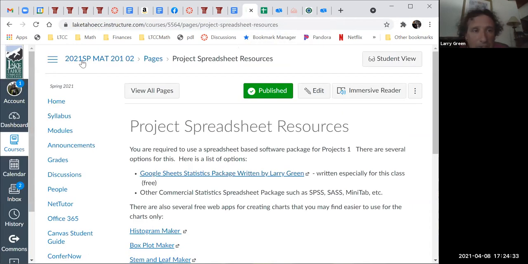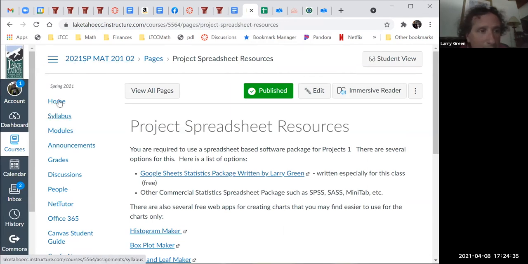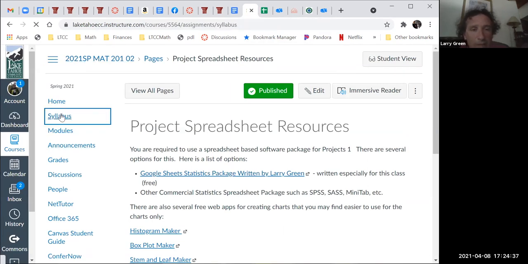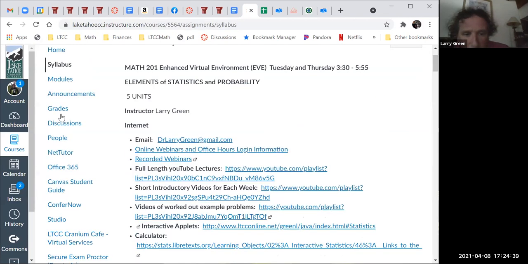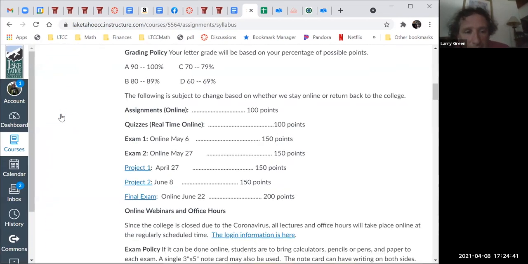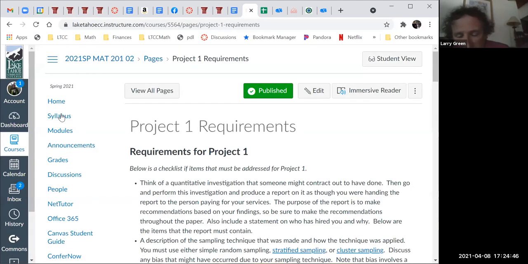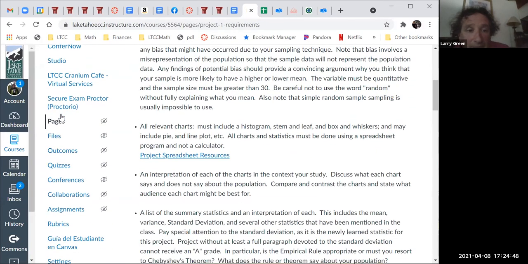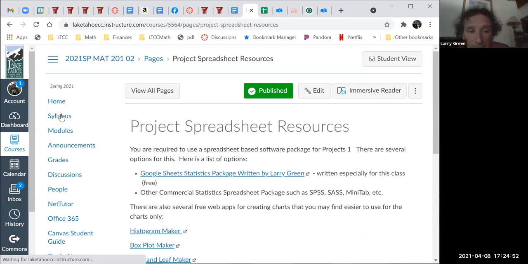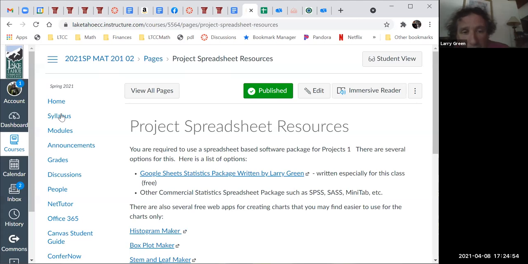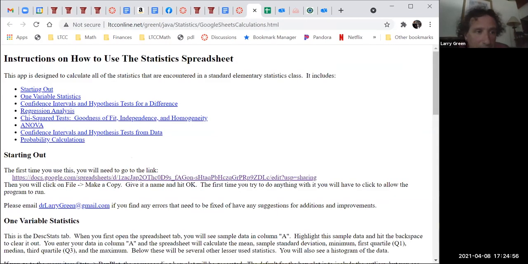Okay, so if you go to project 1, let me start again. So if you go to the syllabus, there's a few ways of getting in, but one way is if you go to the syllabus, if you go to project 1, and then you'll see project spreadsheet resources. Click on that. Then you'll see Google Sheets statistics package. And then you click this one on starting out.